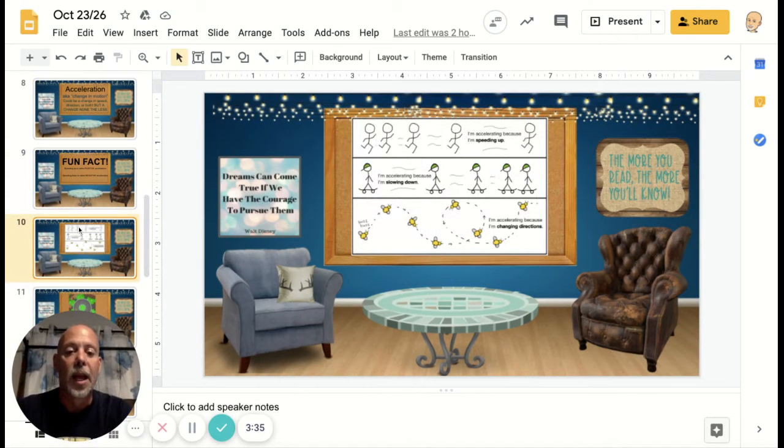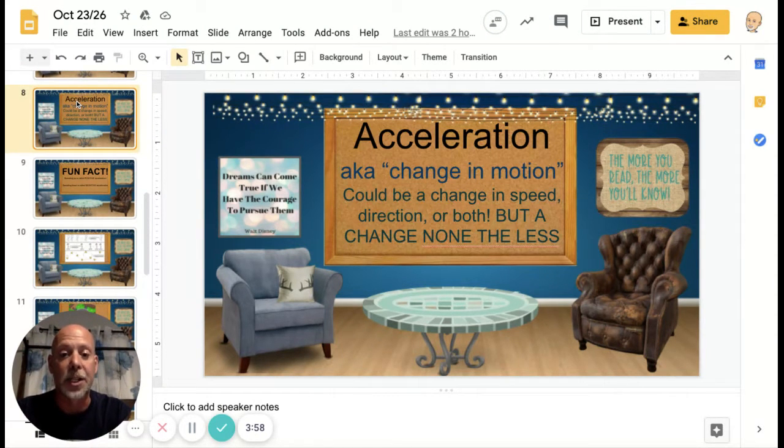So here we have some little examples, all right? So you have your little stick guys running, and it says, I'm accelerating because I'm speeding up. The next guy on his skateboard says, well, I'm accelerating because I'm slowing down. And the little bumblebee is saying, I'm accelerating because I'm changing directions. He's going all over the place, okay? So like the definition stated, acceleration, AKA change in motion, it can be a change in speed, a change in direction, or both, all right?